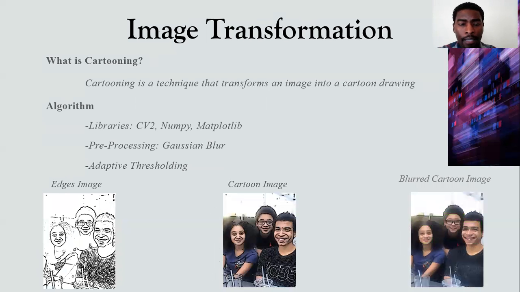The next thing that I did was image transformation, where I wanted to apply a cartoon effect to the image. So cartooning is just a technique that transforms the image into a cartoon drawing. Many times you'll see this in fairs, where it's normally someone drawing caricatures or sketching, and in comic books, of course.